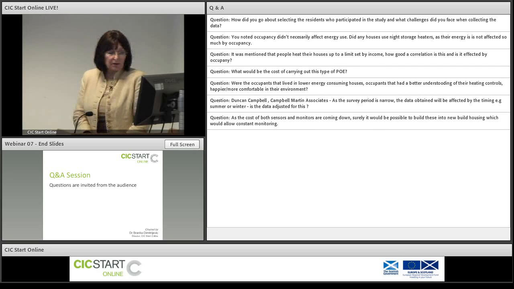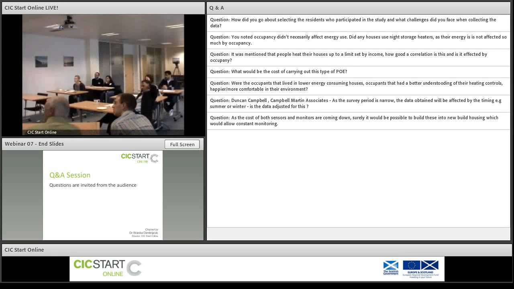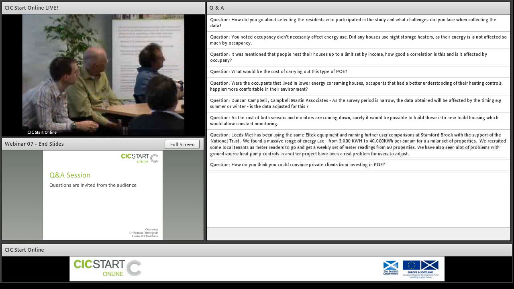We recruited some local tenants as meter readers to get a weekly set of meter readings from 60 properties. We have also seen a lot of problems with ground source heat pump controls in another project, which have been a real problem for users to adjust. So that's a bit more information on what's going on in research across universities in the United Kingdom.